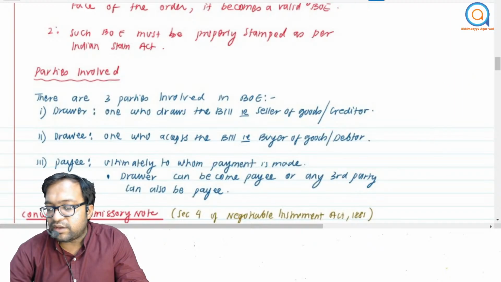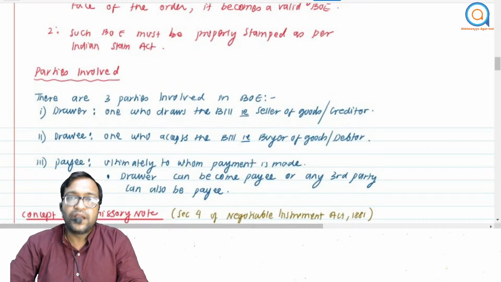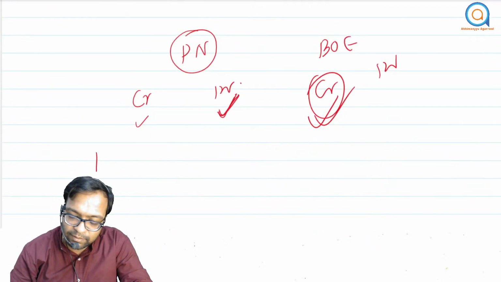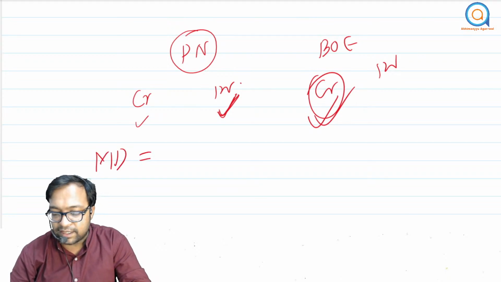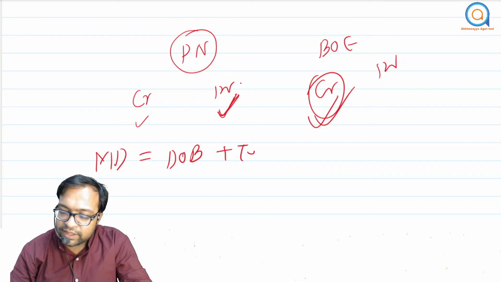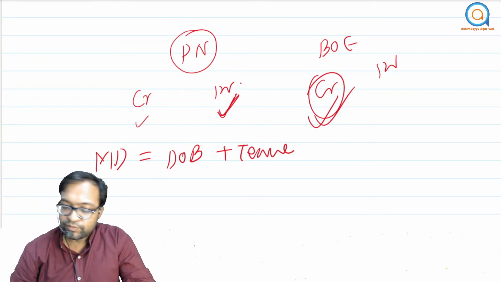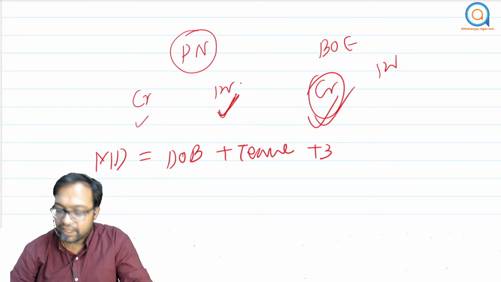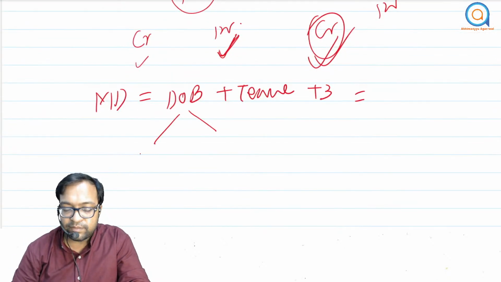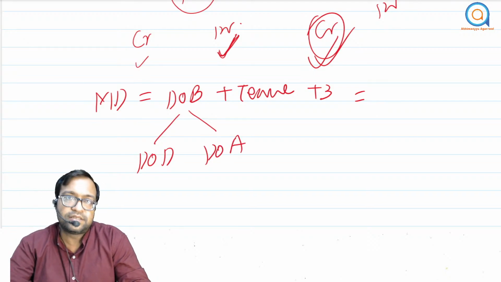The next point that you have learnt in this chapter is how to calculate the maturity date. For calculating maturity date, first take the date of the bill, then add tenure with it. Tenure means the number of days or months, the period of bill, and then add 3 days of grace. You get the maturity date. Now this date of bill can be date of drawing or date of acceptance, depending on what type of bill it is.